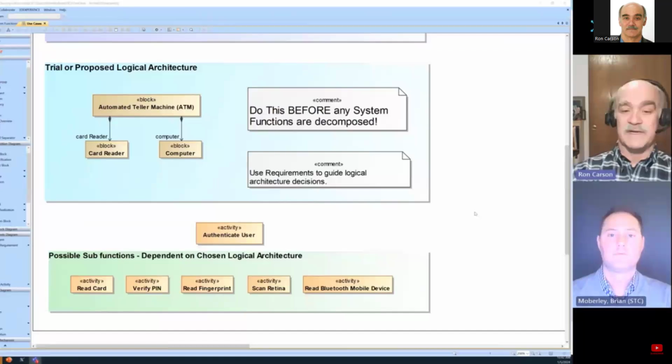Am I going to read a fingerprint or scan a retina, or use a smartphone as the input? In which case I still have to decide where is validation happening. I can't complete the definition of the use case in my mind until I know and I decide where the validation is happening.